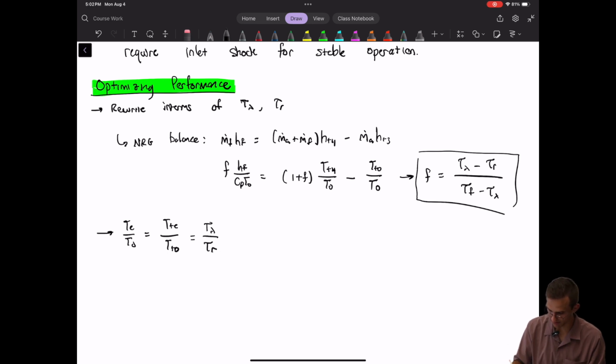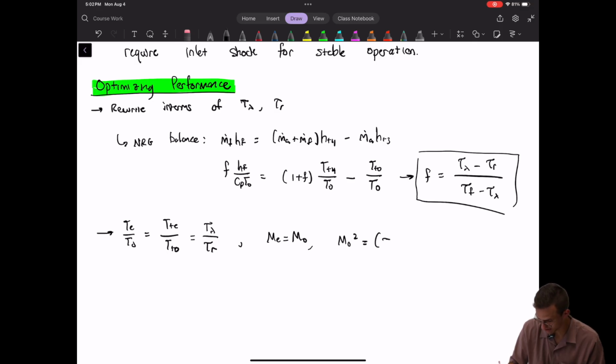We also know that ME is equal to M naught. We derived that. And so that allows us to write M naught in terms of tau. M naught squared, and I'll let you check me on this, can be written the following way.